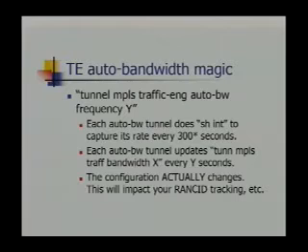Each auto bandwidth tunnel will update the actual configuration in your router that shows tunnel MPLS traffic bandwidth X every Y seconds, whatever you've set it to. I believe the Cisco default is 1 day, so it's a real slow generic adjustment there.